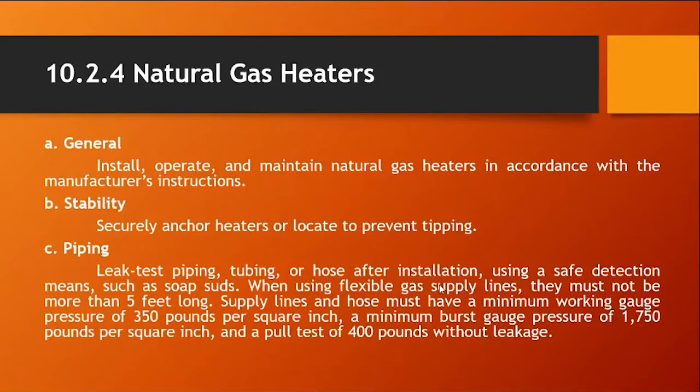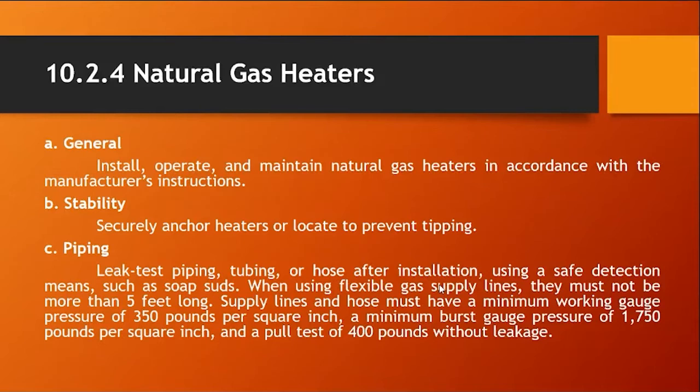So, for natural gas heaters, in general, install, operate, and maintain natural gas heaters in accordance with the manufacturer's instructions. Next is stability: securely anchor heaters or locate them to prevent tipping. Next is piping: leak test piping, tubing, or hose after installation using a safe detection means such as soap suds.